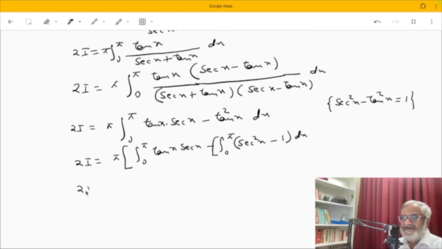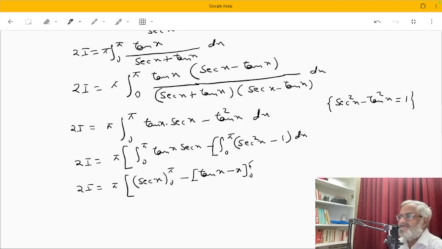So twice I equals pi. Now integration of tan x sec x is sec x, limit 0 to pi, minus integration of sec square x is tan x, and integration of 1 is x, limit 0 to pi.